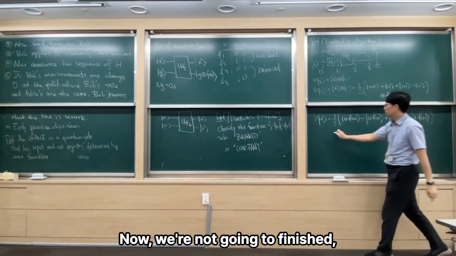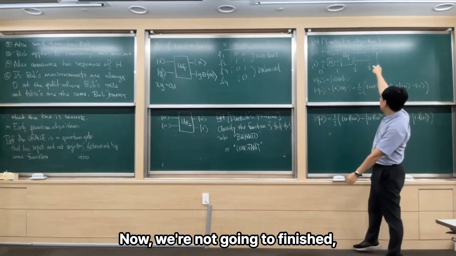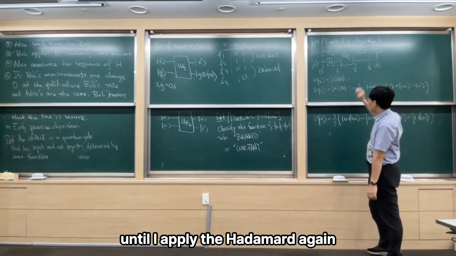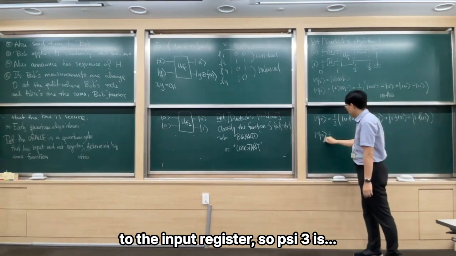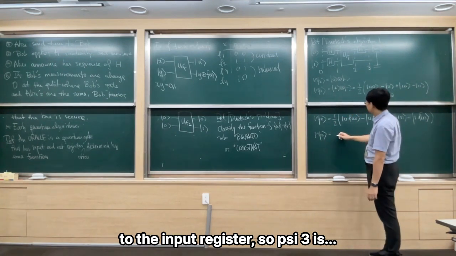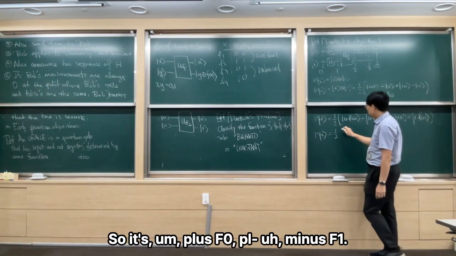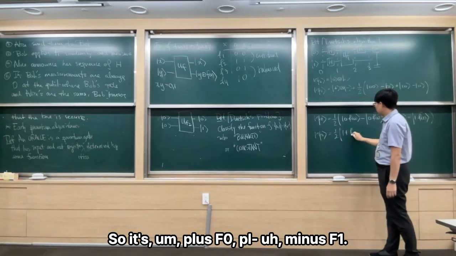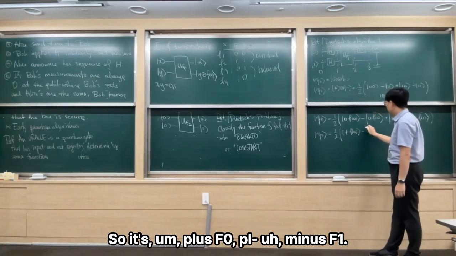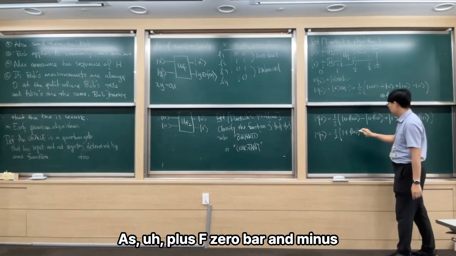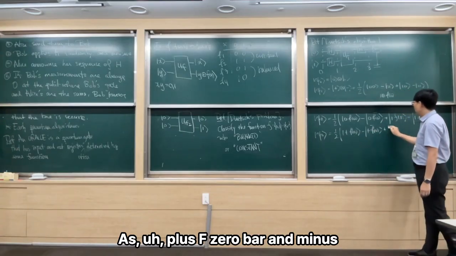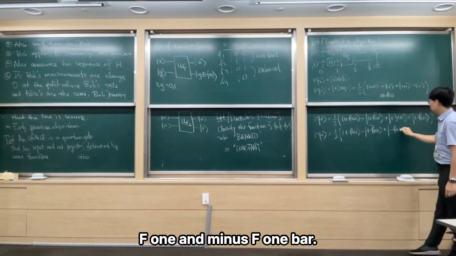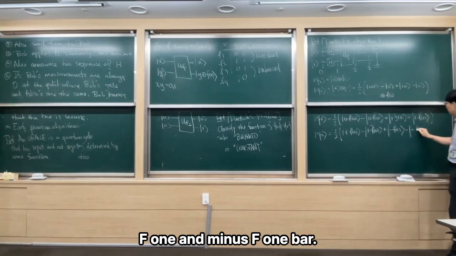Now, we're not going to measure until I apply the Hadamard again to the input register. So psi 3 is, what is it? It's plus f0 minus f0 bar and minus f1 and minus f1 bar.